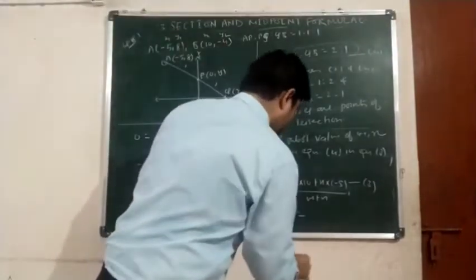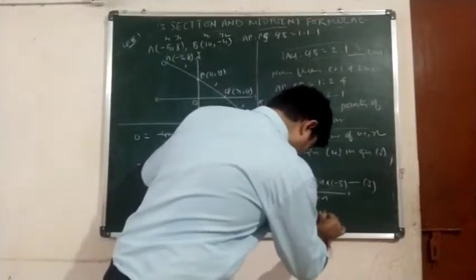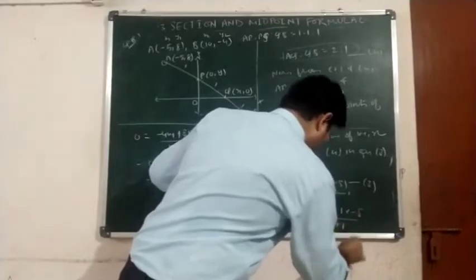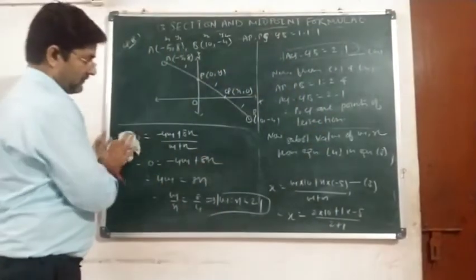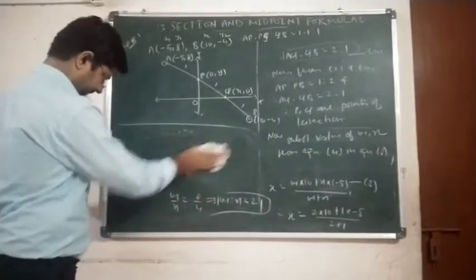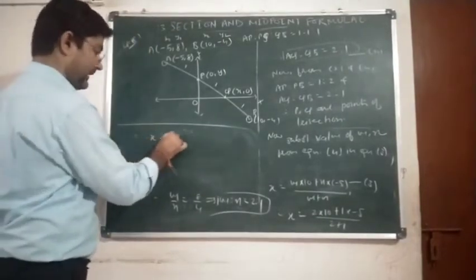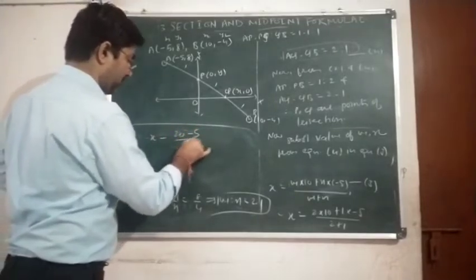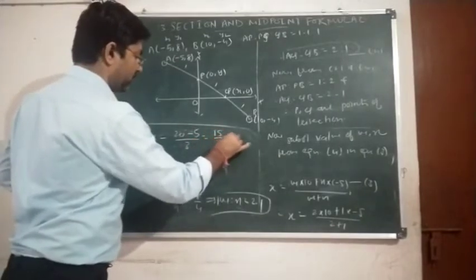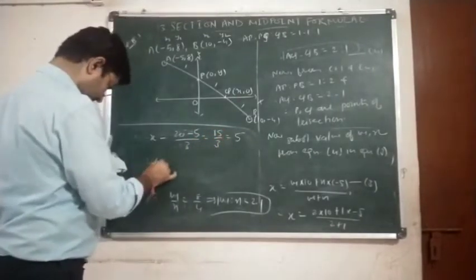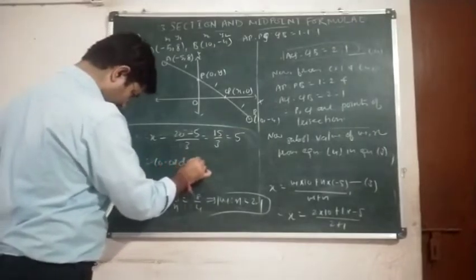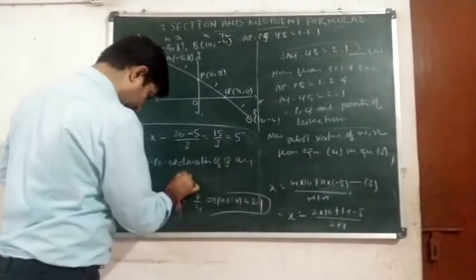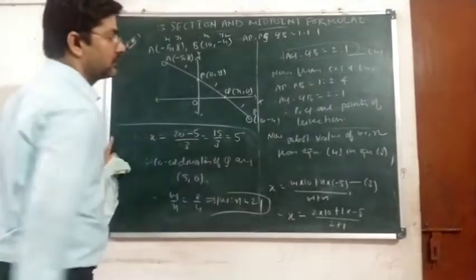Therefore x is equal to m is 2, so 2 into 10 plus 1 into minus 5 upon 2 plus 1, which will be equal to x is equal to 20 minus 5 upon 3 is equal to 15 upon 3 is equal to 5, and therefore coordinates of Q are 5, 6.